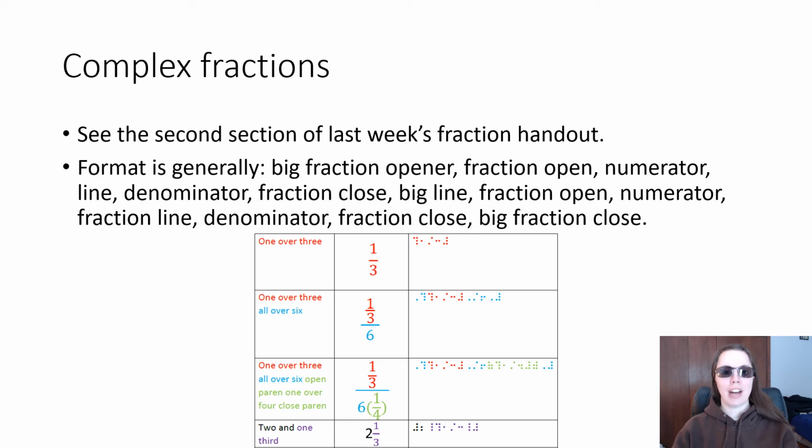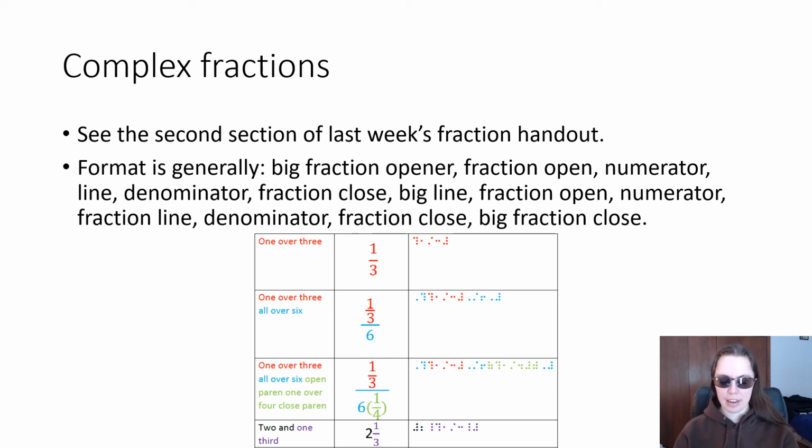The full and complex form of that in Nemeth ends up being a big fraction opener, followed by the fraction opener for whatever fraction's in the numerator, its numerator, the fraction line, its denominator, and a fraction close. Then the big fraction's big line, a fraction opener if there's another fraction in the denominator, that one's numerator, its fraction line, its denominator, that little fraction close, and then a big fraction close.